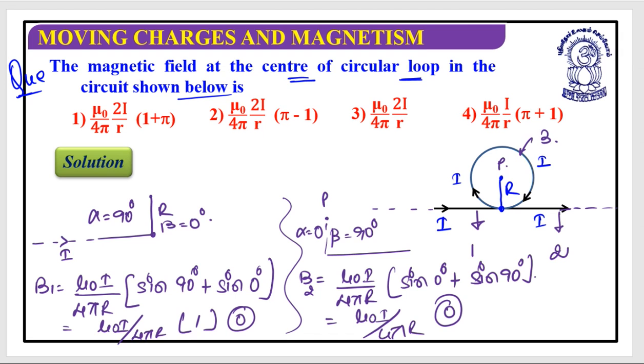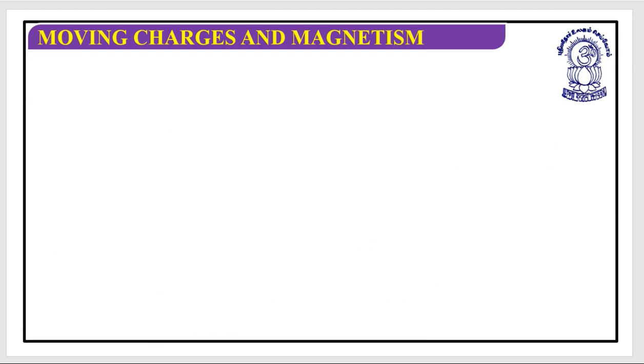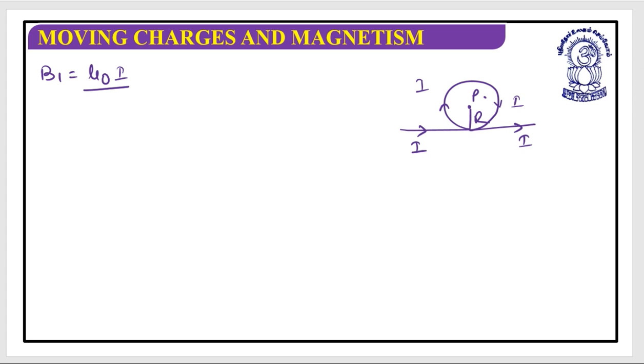Now I need to find out the magnetic field due to the circle. It is something like this. I is entering, I is moving through the circle, and I is leaving. You require the magnetic field at this point. This is radius R. So B1 equals mu naught I by 4 pi R, which equals B2, and both are outside the plane.